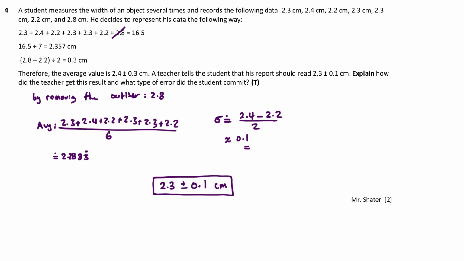But it is a good idea to look, and if you have enough data, and if all of them are very close to each other, and especially in this case, we got multiple values of 2.2, multiple values of 2.3, so we know that it's somewhere around there, and 2.8 is too much. If we had only 3 sets of data, we can't tell that because we just don't know what the other values are.